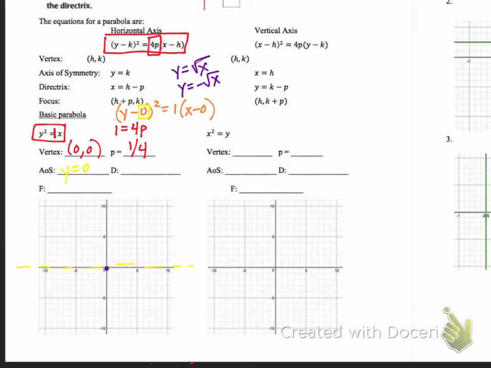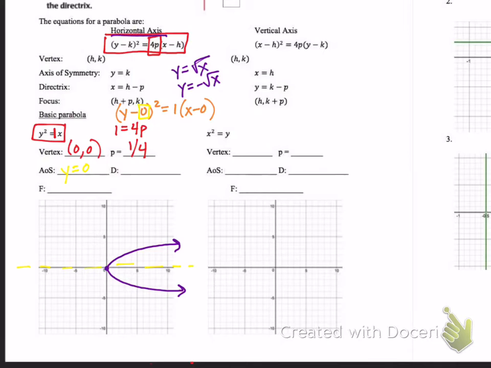It has a vertex at 0, 0. It points to the right because it is positive. If you have a horizontal one, that means you're going to have a y squared. So y squared is horizontal and x squared is up and down.